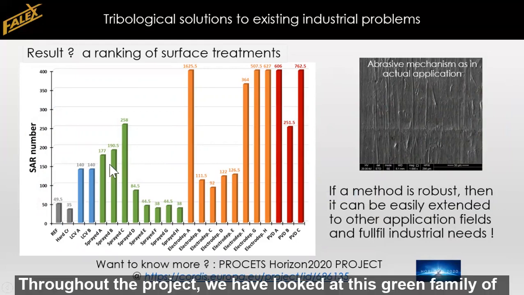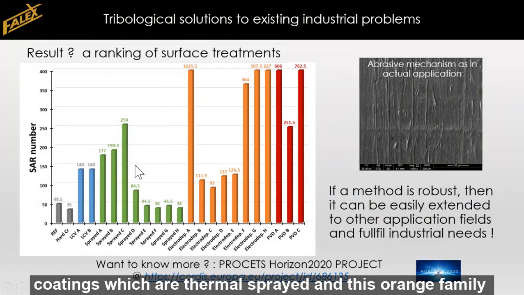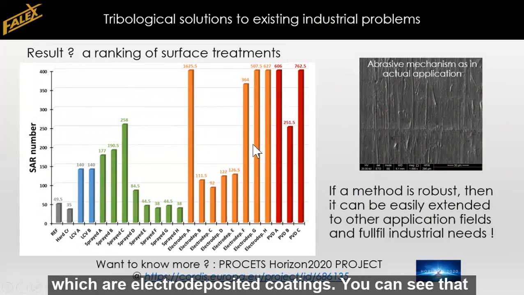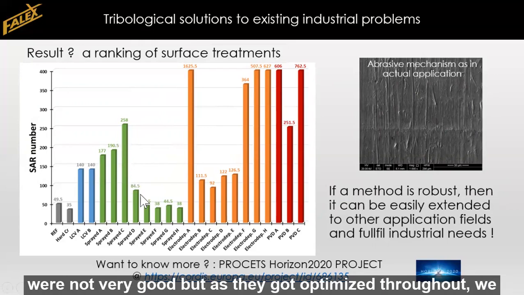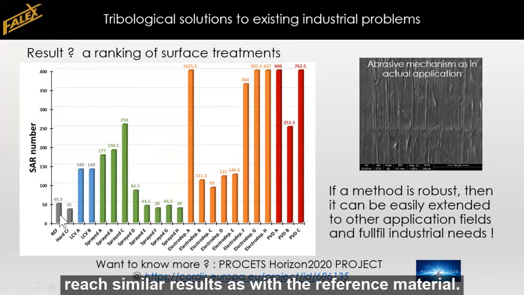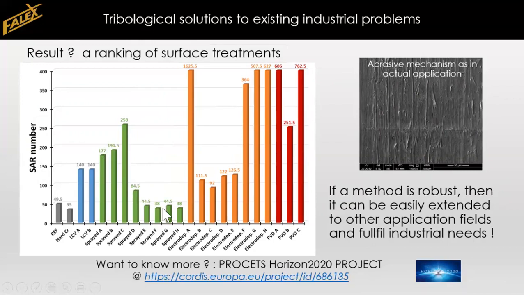Throughout the project, we have looked at this green family of coatings, which are thermal sprayed coatings, and this orange family of coatings, which are electrodeposited coatings. When we started with a non-optimized sprayed coating, the results were not very good, but as these coatings got optimized throughout the project, we reached similar results as with the reference material.